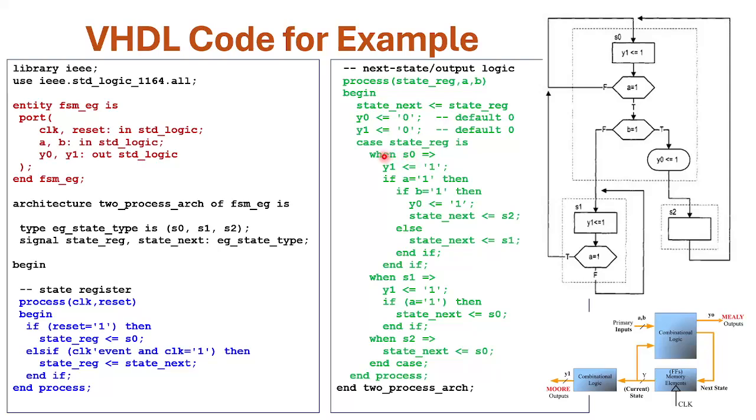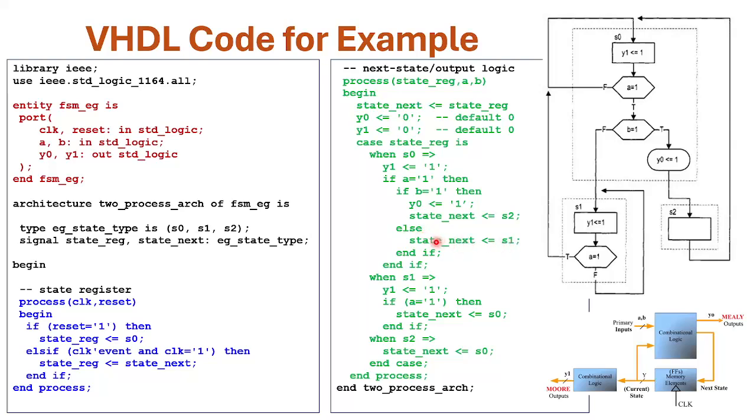So, for example, when we're in S0, we enter S0, we assign to this Moore output Y1 logic 1, and then we check on A. If A equals 1, then we continue this way and check on B, and if B equals 1, which is this path through these conditional boxes, then we assign 1 to Y0, which is a Mealy output, and then we assign to state next S2, because the next state in which we will transition in the next clock cycle will be S2.